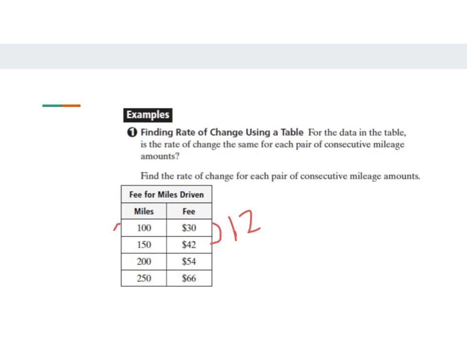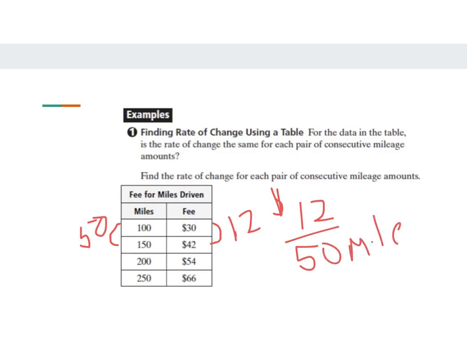And over here, our run, or our miles in this case, is increasing by 50. So our slope is $12 over 50 miles, right? So if we then divide that, we get the decimal 0.24. So that is 24 cents per mile. So that's our rate of change.